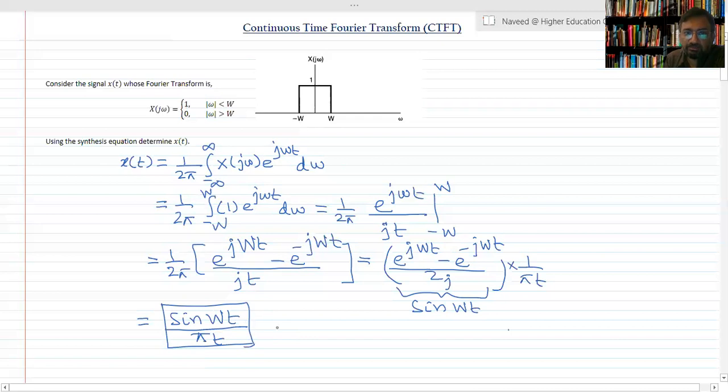So the signal whose Fourier transform is shown here is sine Wt divided by pi t. This signal in time domain has a rectangular shaped Fourier transform X(j omega) that is shown here.